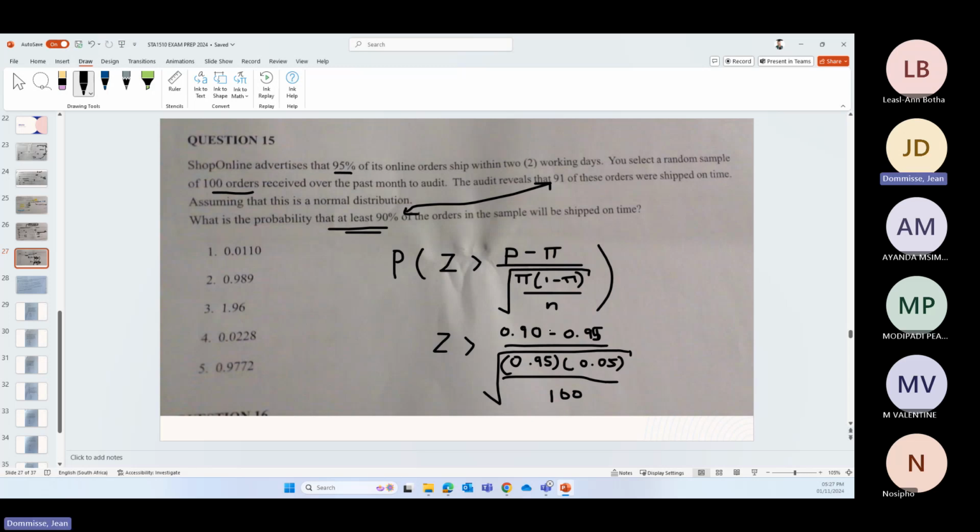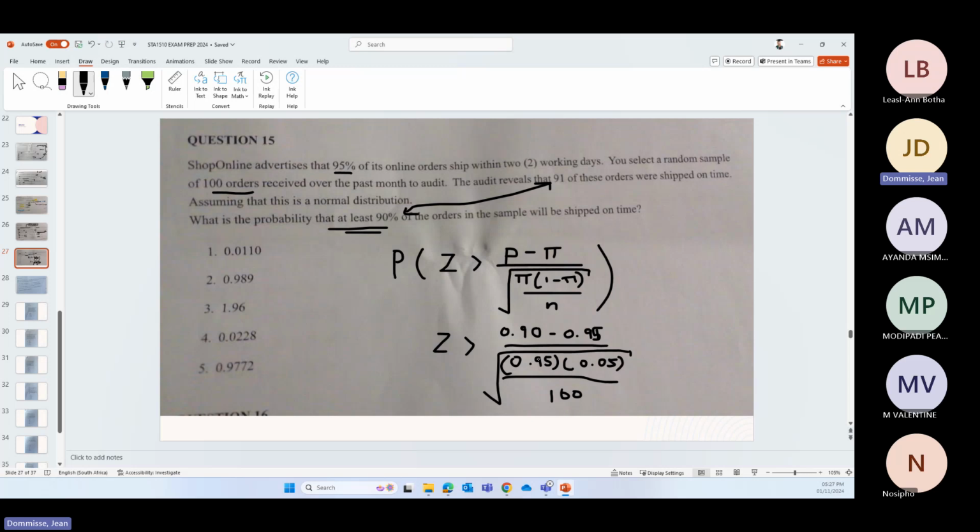Just check one more. See, if I do that, then my Z is going to be 0.9 minus 0.95.